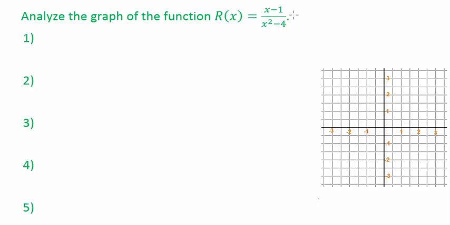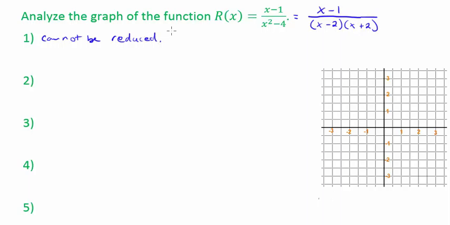To do that, we factor the numerator and denominator if they can be factored. The numerator cannot be factored, but the denominator can be written as x minus 2 times the quantity x plus 2. Looking at our factors, we see that it cannot be reduced.